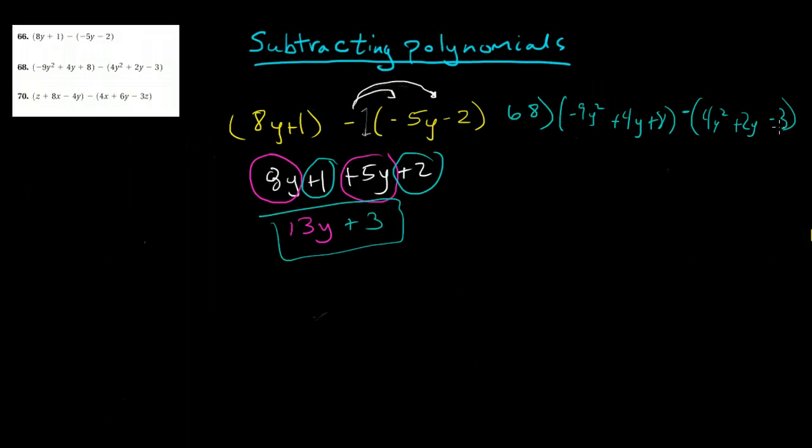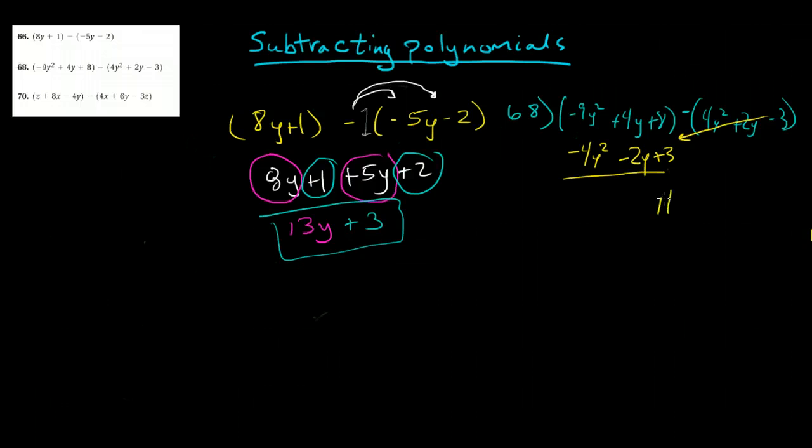Let's go back to our earlier strategy of writing this down below here, but remember, let's add the opposite now. So the opposite of a 4y squared is a negative 4y squared. The opposite of a 2y is a negative 2y. The opposite of a negative 3 is to add 3. So basically I just took all of that and put it down there, and now I just add straight down.